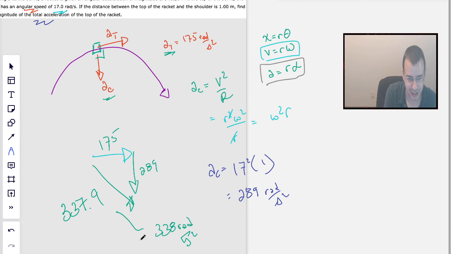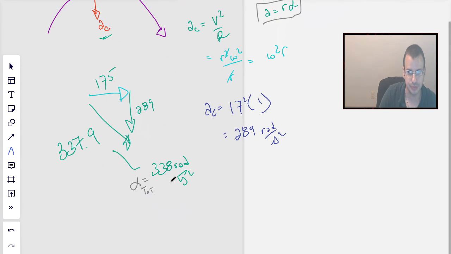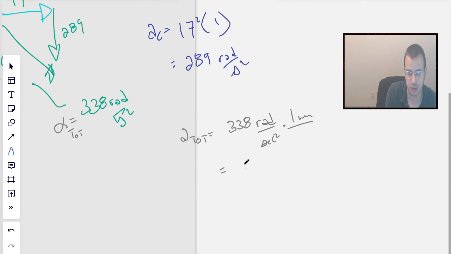This is alpha right here, the total angular acceleration. So we need to multiply it by r, the radius. And so the total acceleration is just going to be 338 radians per second squared times a radius of 1 meter. That's going to give us 338 meters per second squared.